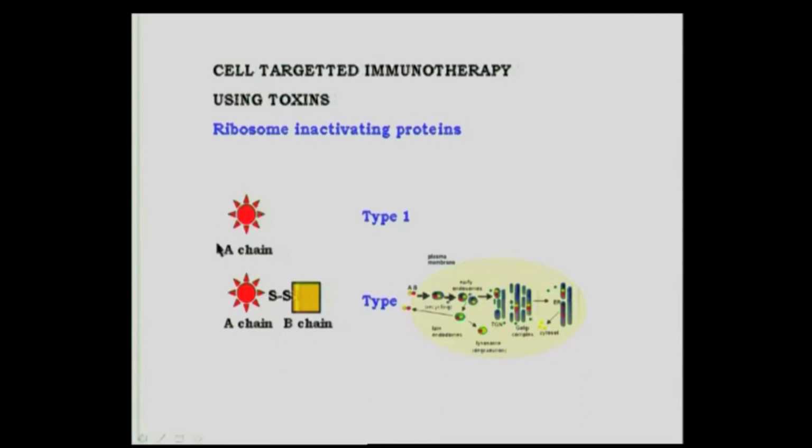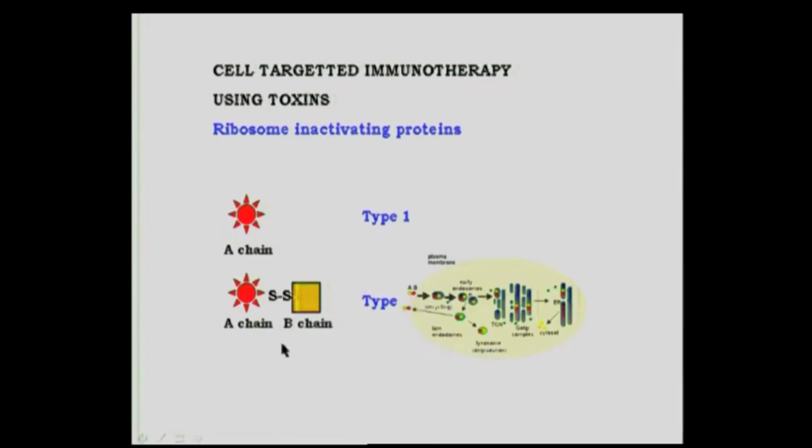Type 1, which has only the A chain, does not in any way kill a cell, eukaryotic cell I am talking about, so mammalian cells as well. The type 2, on the other hand, allows the entry of the A chain, because the B chain is a lectin. It binds specifically to sugars.